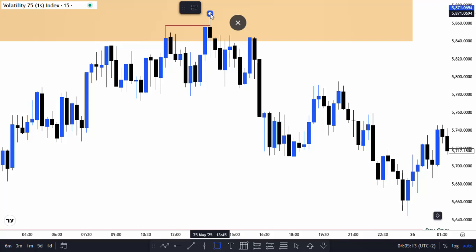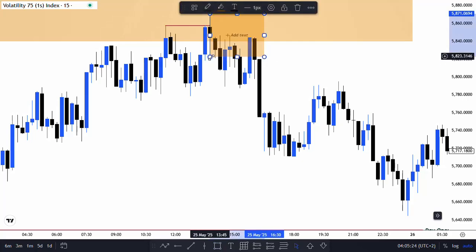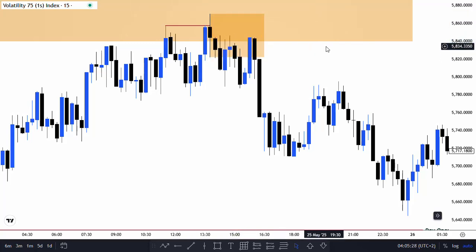This candle right here. This is very, very, very important. If you don't know what a single candle order block is, I think I've made a few more videos about it, so you can just check it out if you want. It's very important.